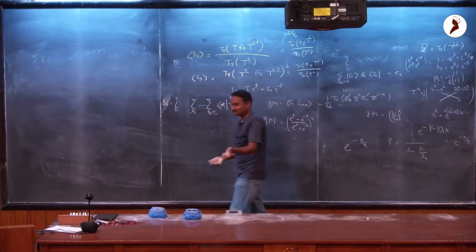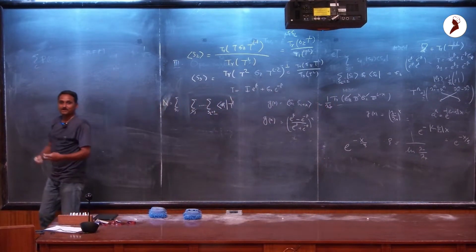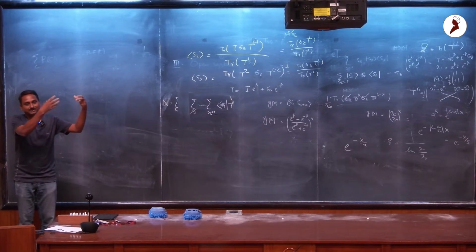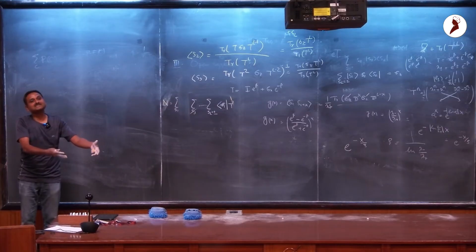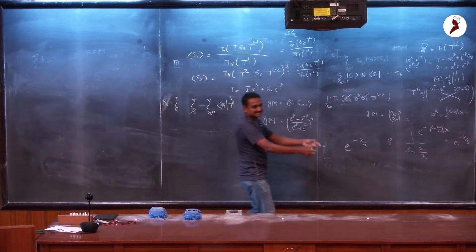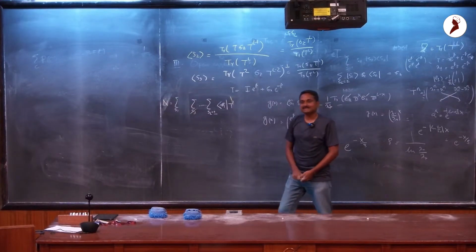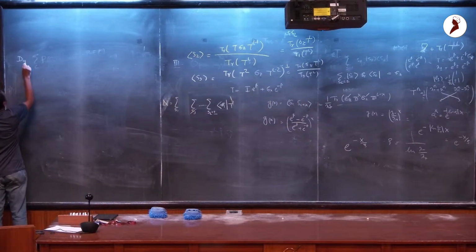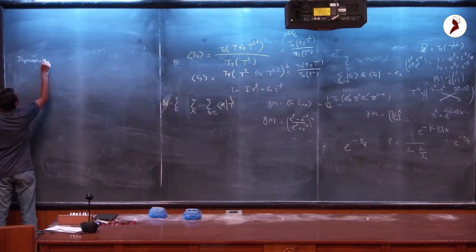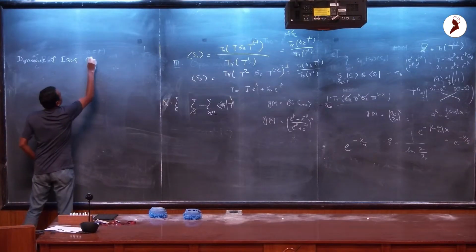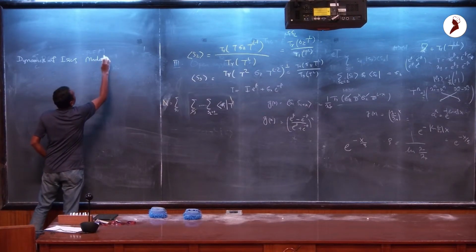So what are you talking about mechanics in statistical mechanics? All you are talking about is just the steady state. All you are saying is that when the system goes to a stationary state, you are describing only the stationary state. You never discuss how the system goes to the stationary state. So let us discuss the dynamics of the Ising model.